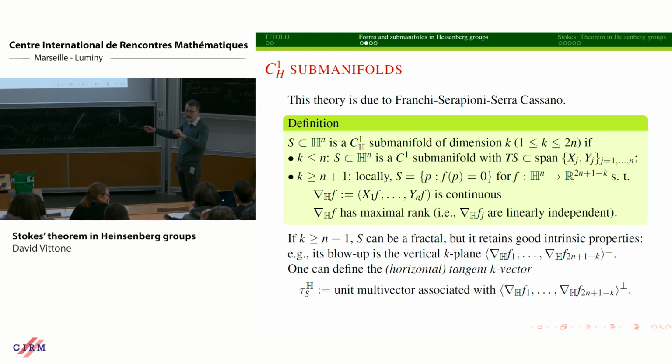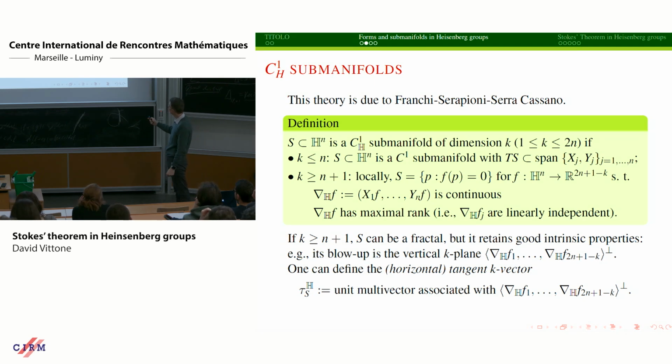Of course, the blow up is with respect to intrinsic dilations and left translations. So the blow up is you move the point by left translation to the origin and then you blow up your set S according to intrinsic dilations.